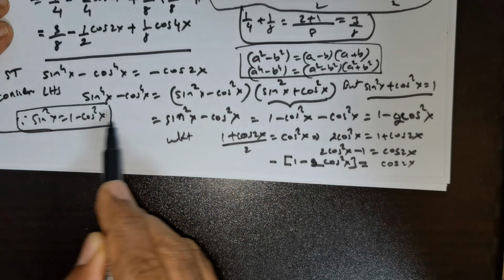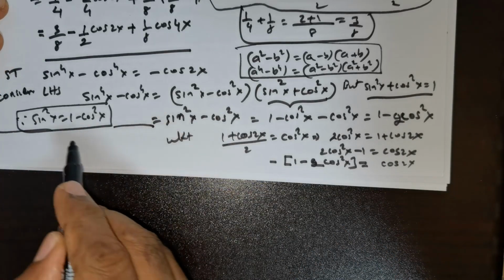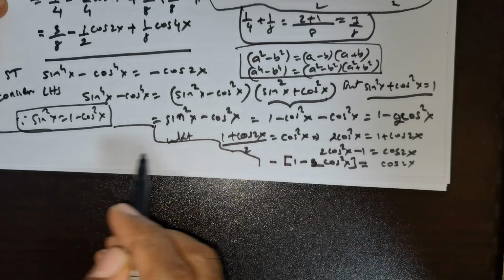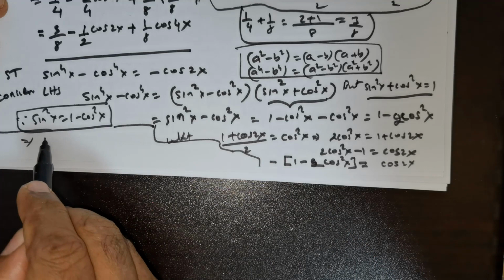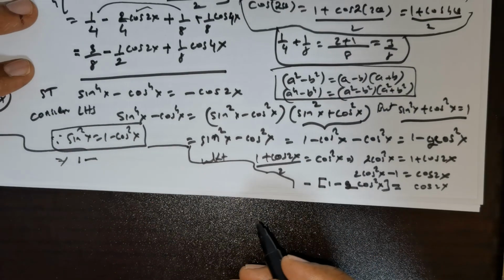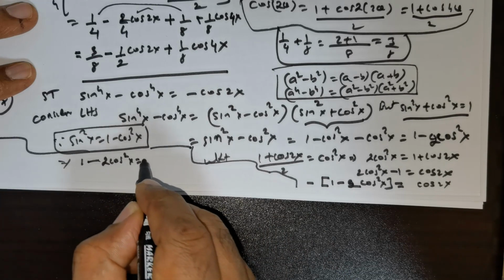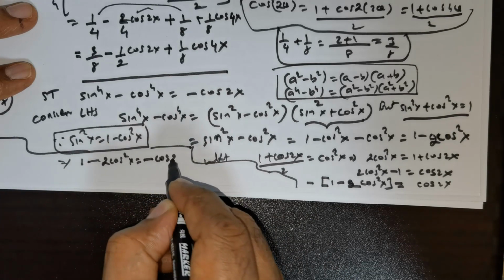So let me write that over here. That would mean I have 1 minus 2 times cos squared x equal to negative cos 2x.